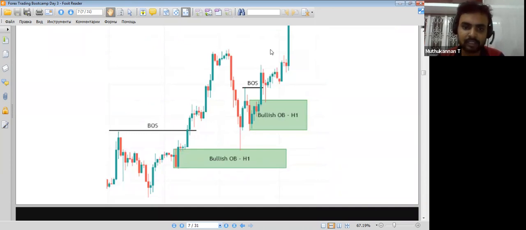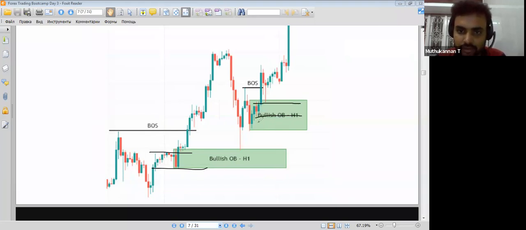Now you can say that this is a rally base rally, right? But we are not going to consider this one. We don't want this one. Here we are not going to take the entire range. We will be marking only the last bearish candle. In this case, this is my last bearish candle before the strong up movement, and there's a break of structure.